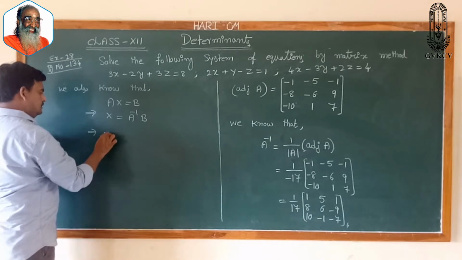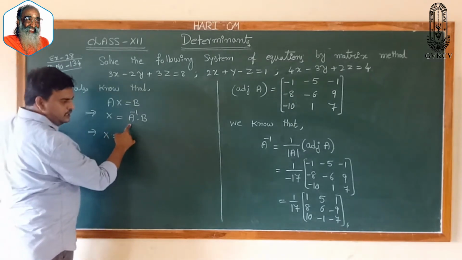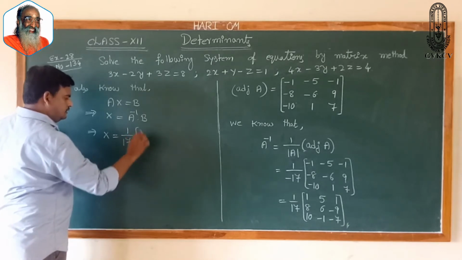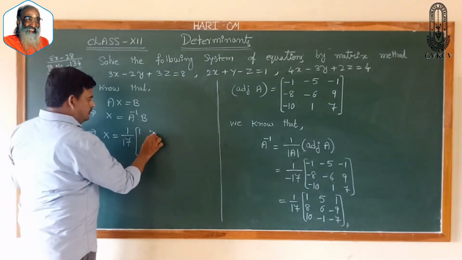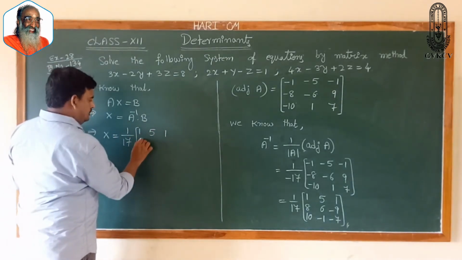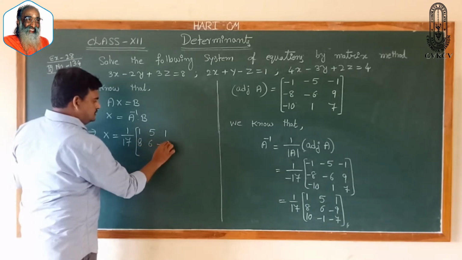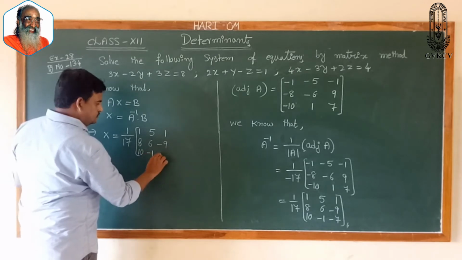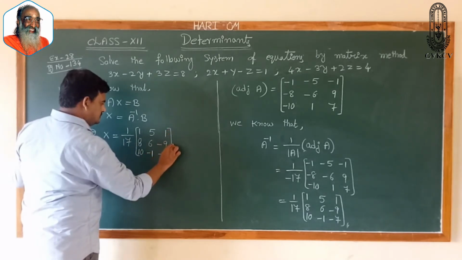Now let us see, x is equal to A inverse. What we have in A inverse? 1 by 17 into 1, 5, 1, 8, 6, minus 9, 10, minus 1 and minus 7.